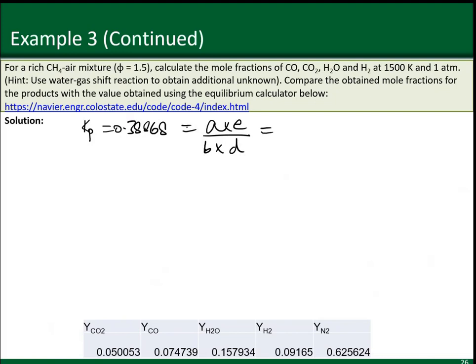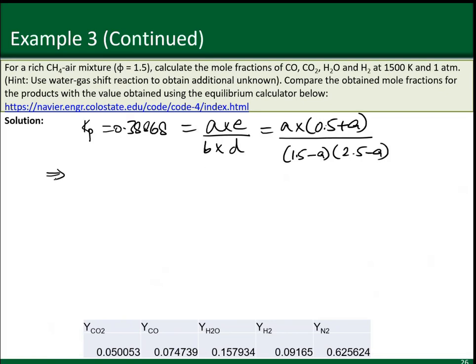So we just have one unknown and we have one equation. So I can write it as A times E, which is 0.5 plus A, divided by B, which is 1.5 minus A, times D, which is 2.5 minus A.